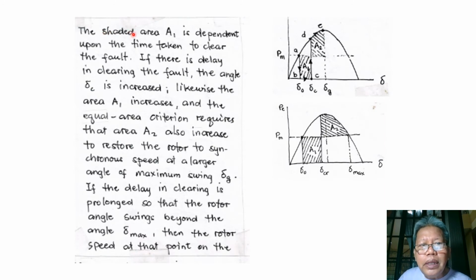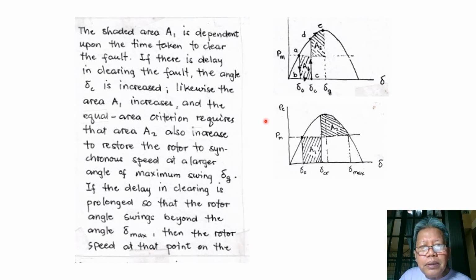Now, the shaded area A1 is dependent upon the time taken to clear the fault. So it depends on this area A1 here. It depends, of course, on when we can clear the fault, now represented by delta C. Now, if there is delay in clearing the fault, the angle delta C is increased.